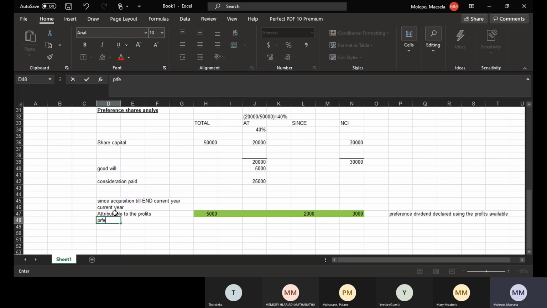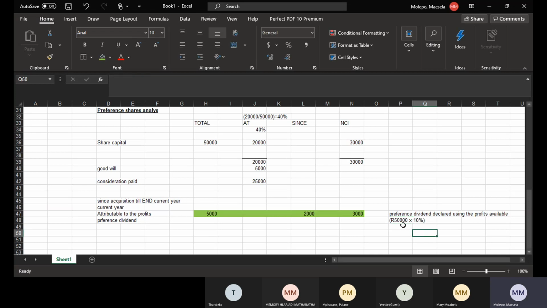So the preference dividend is the value, which was 50,000 rand, multiplied by the interest percentage of 10%.